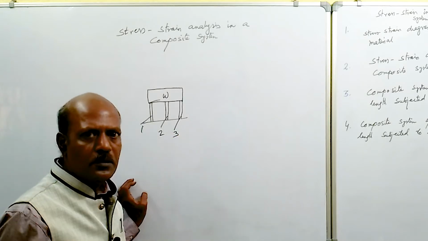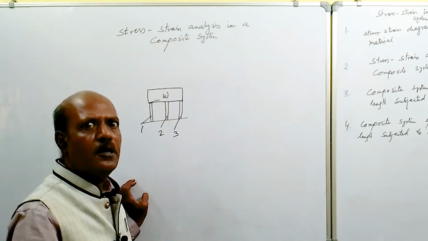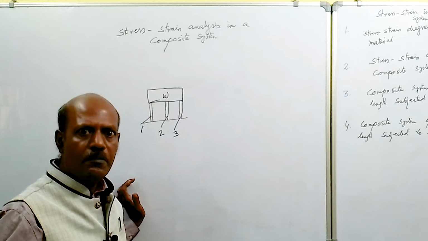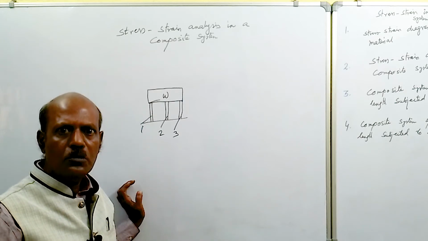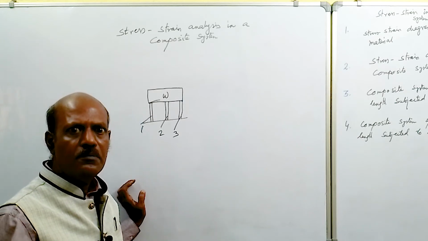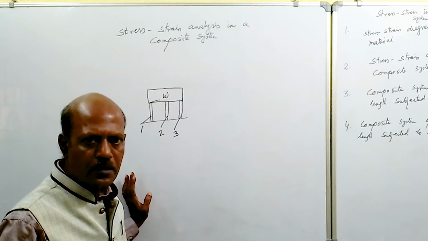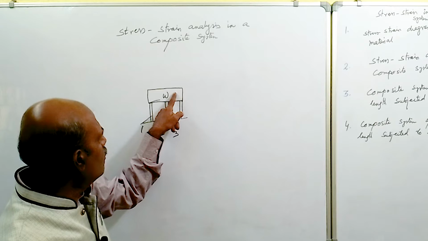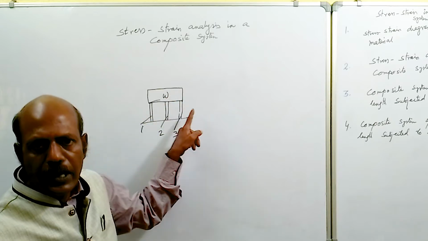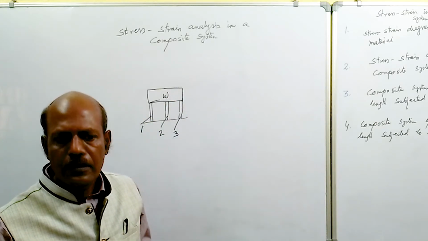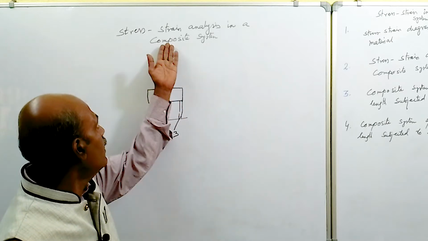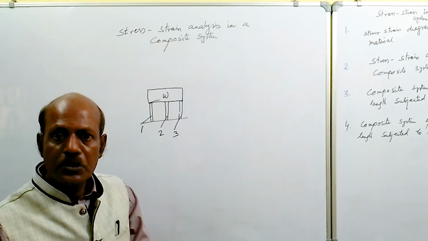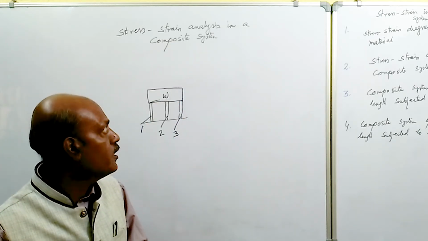The three bars may be made of the same material or different materials, and the cross-section areas may be the same or different. So if the total load is shared by more than one member, then the analysis comes under stress strain analysis in a complex system.